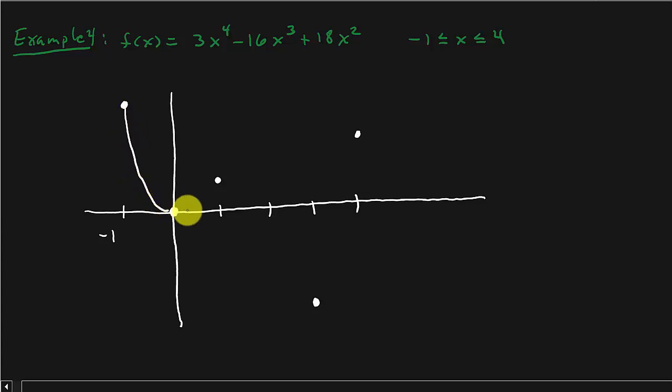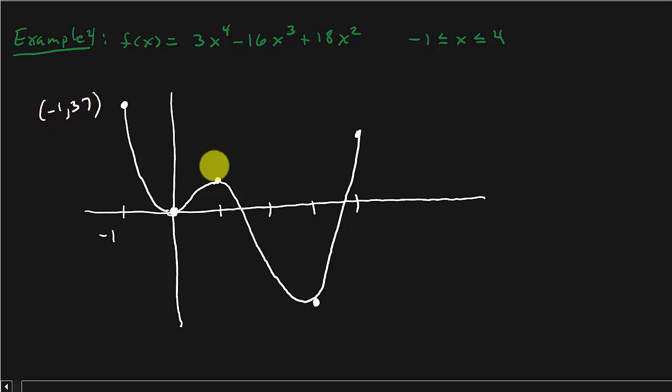So this graph looks something like that. Now, this is the point -1, 37. This is the point, obviously you can see that's 0, 0. This is the point 1, 5. This is the point 3, -27.